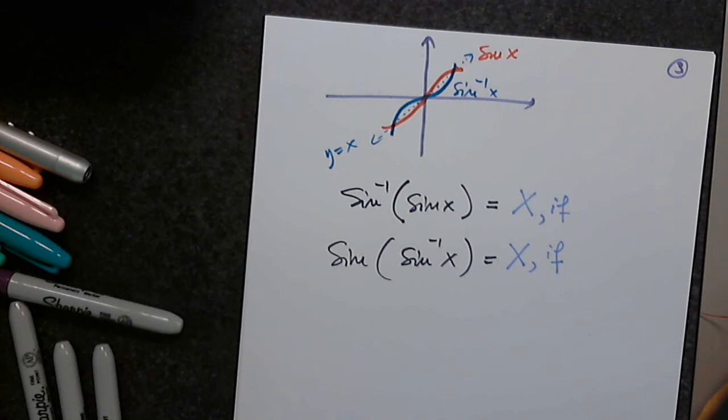Sine inverse is applied to a number, and the answer will be an angle. So sine is applied to an angle, and it will give us a number between -1 and 1. Sine inverse is applied to a number between -1 and 1, and will give us an angle between -π/2 and π/2.